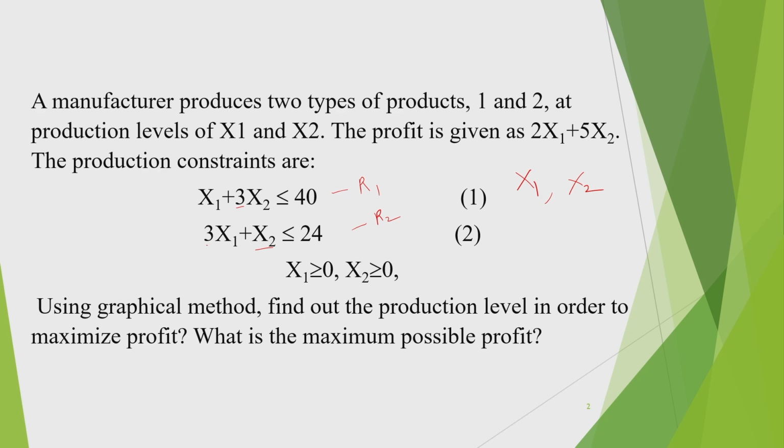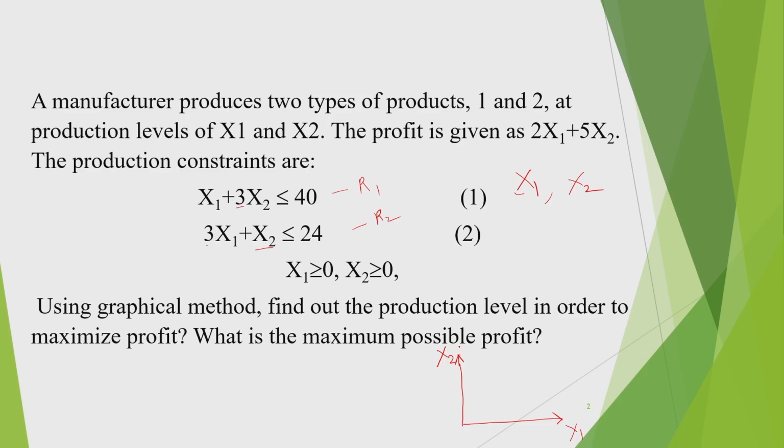One thing I must tell is that we can solve this graphically because there are only two decision variables, x1 and x2. Easily I can use a two dimensional coordinate geometry setup, showing x1 on the x axis and x2 on the vertical axis.